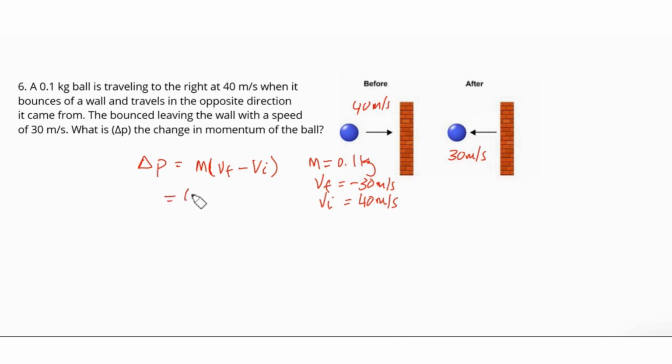So this would be 0.1 times (negative 30 minus 40), which gives me 0.1 times negative 70, or negative 7 kg·m/s. So the change in momentum of this ball was negative 7 kg·m/s.